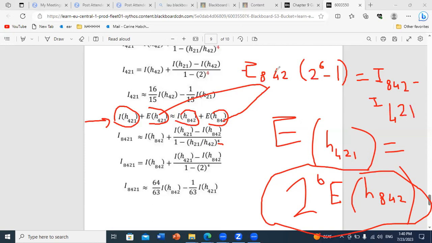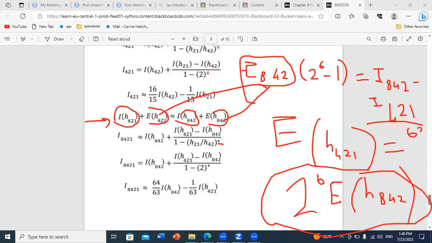So now what is your error? You have an approximation for your error. It's I842 minus I421 over 2 to the power 6 minus 1, so you get 63.